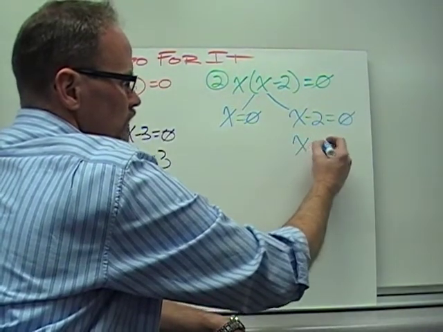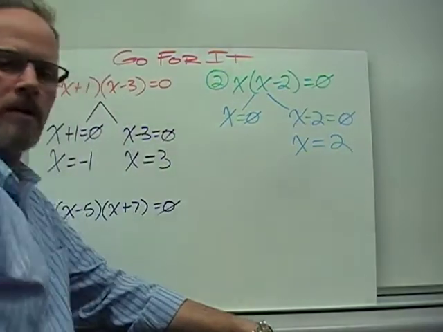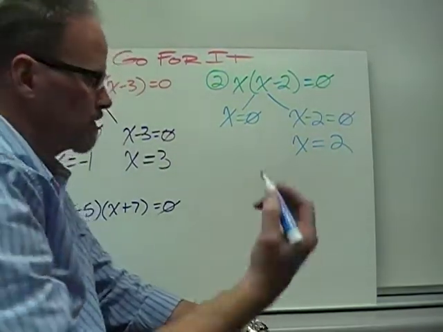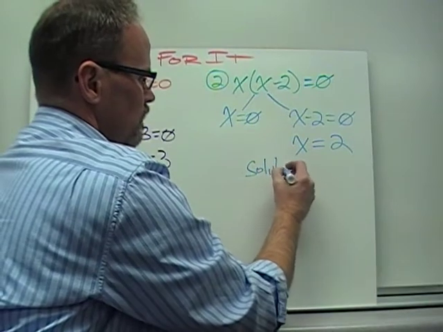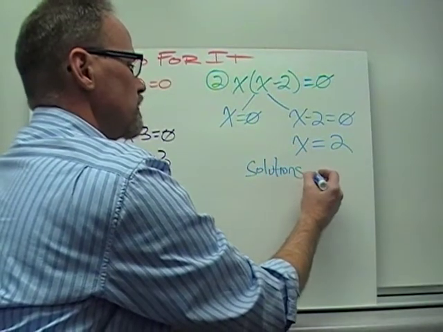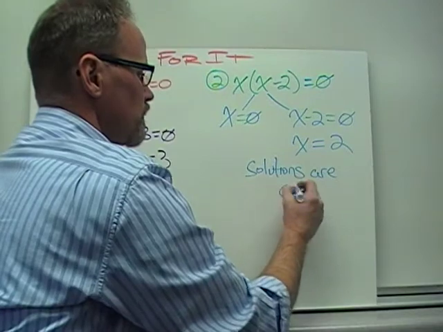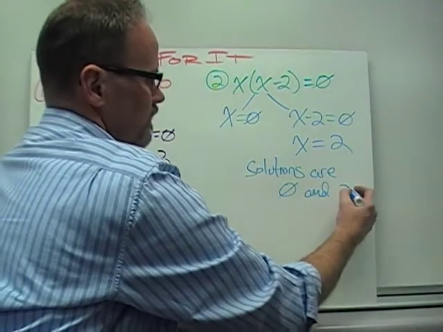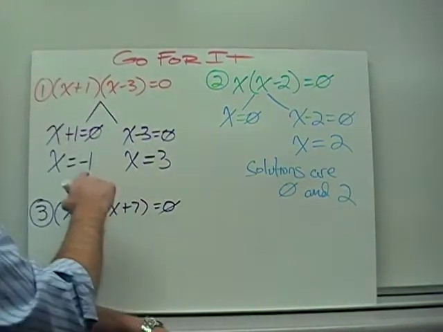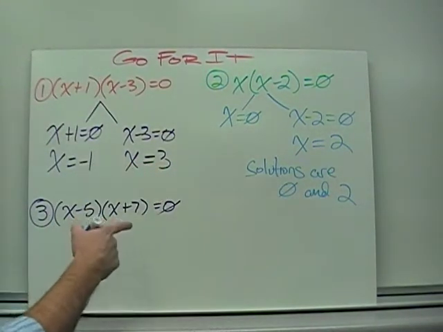And I know that this will equal positive 2 through inverse operations. And so the solutions are 0 and 2. This was negative 1 and 3. And then the last one here real quick.